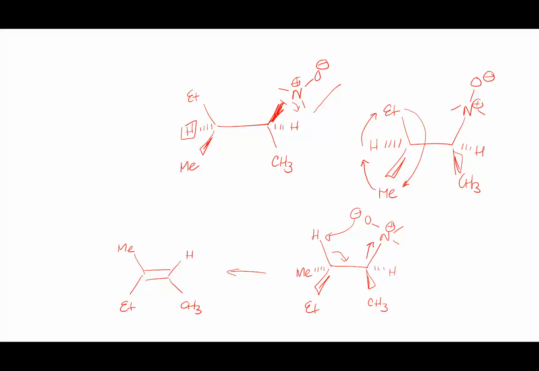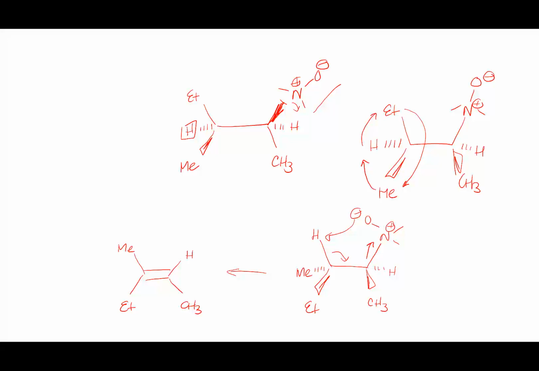So if you're kind of like, hey, haven't we done this before? Yeah, I think we've done it multiple times before, but we did it with E2 eliminations, because that's basically what this is, an E2 elimination, except I'm not using a base.